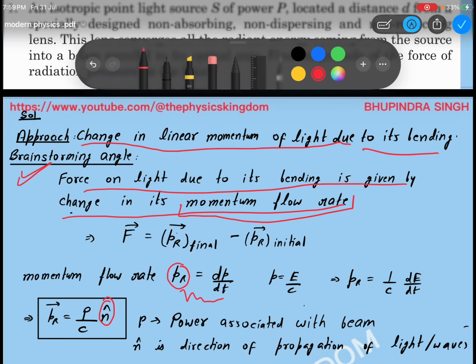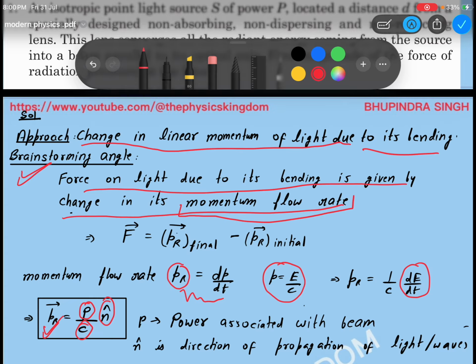So momentum flow rate is the derivative of momentum. Linear momentum you can write as the energy possessed by a wave divided by c, and then (1/c) dE/dt. Energy crossing any point per unit time you can call power. So the power associated with a wave divided by c, into n cap, is the momentum flow rate.